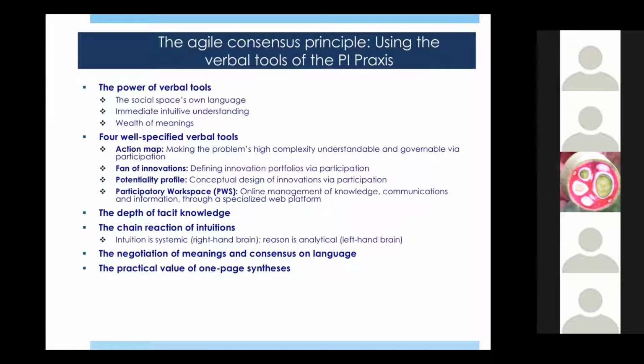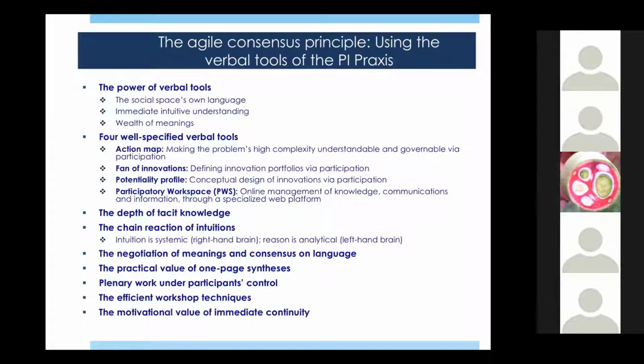We work with one-page syntheses. They are practical, very concrete, and we don't do 20-page or 50-page reports. Plenary work under participants' control. That's how our workshops work. Efficient workshop techniques. I won't take more time on that. And immediate continuity. All this makes up what I call the agile consensus principle.